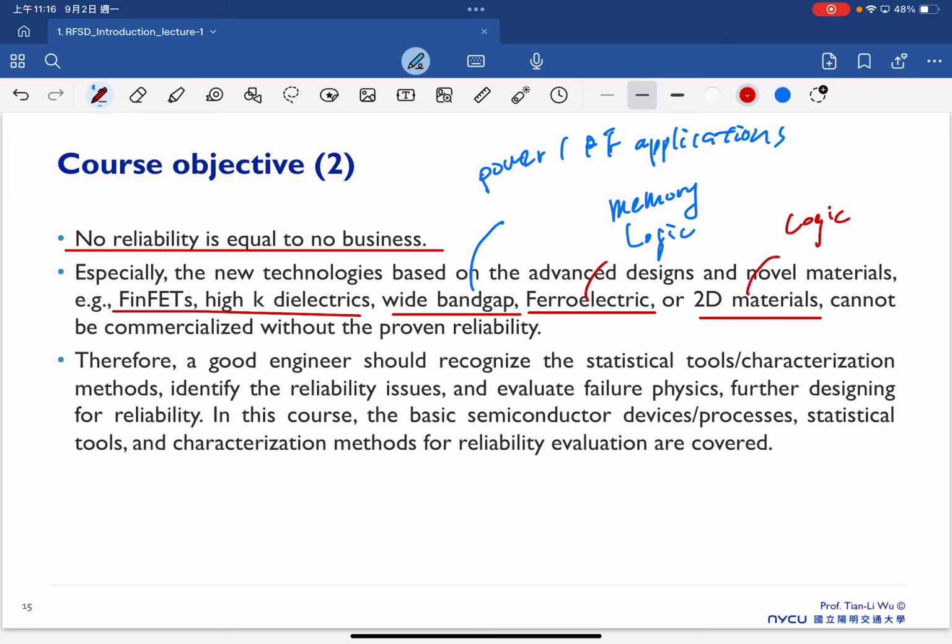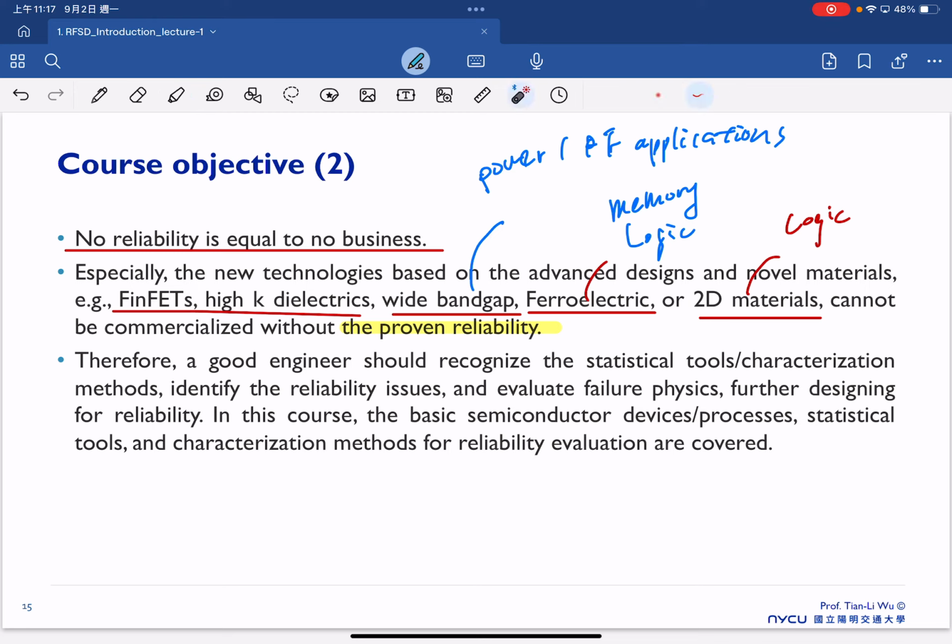These all cannot be commercialized if there's no proven reliability. First we need to prove that the reliability can be achieved at a certain level. Otherwise, all these materials and devices show very promising, very attractive performance, but if they don't have good reliability, it's useless.